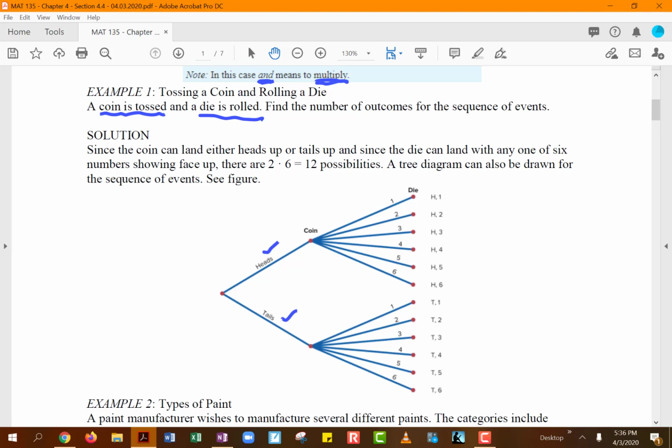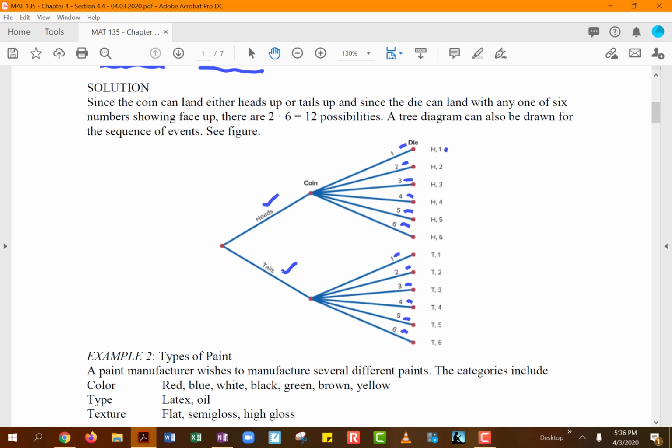After that you're going to roll a die, which will give you anything from 1 to 6. Depending on whether you get heads or tails, these would be the number of events you will have. So all 12 of these together become your outcomes.